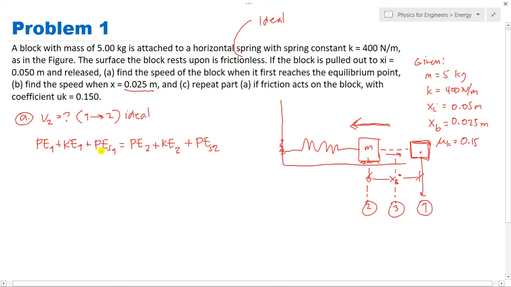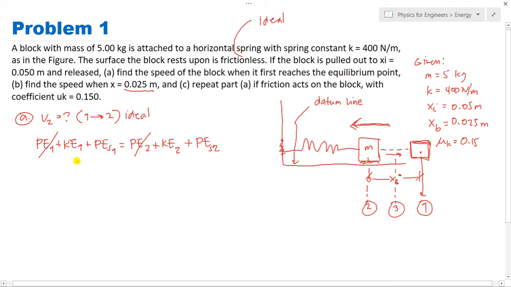Okay, so at initial point, at point 1, class, of course, since this is our datum line, diba kaning surface, mao ni ang datum line. Since sa atong datum line didto nag-rest ang atong mass, ang atong block, so therefore we don't have potential energies for points 1 and 2, so we can cross this one out.